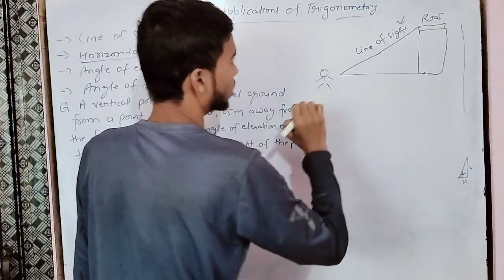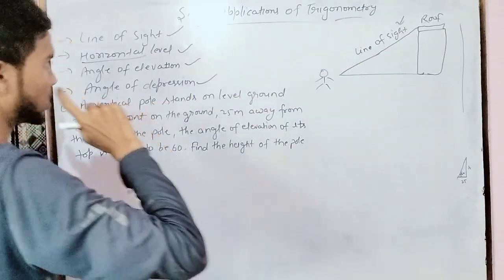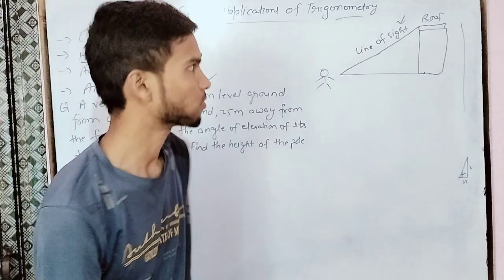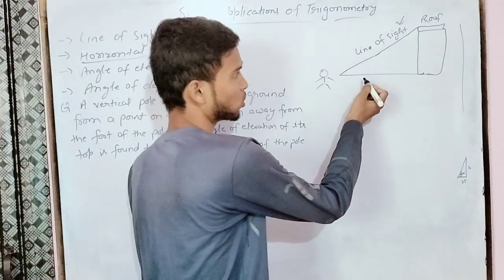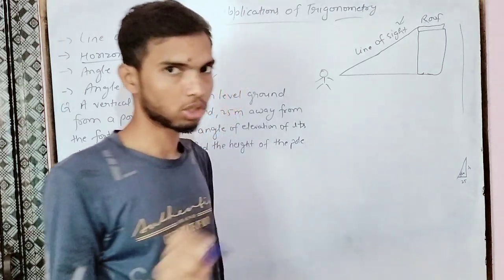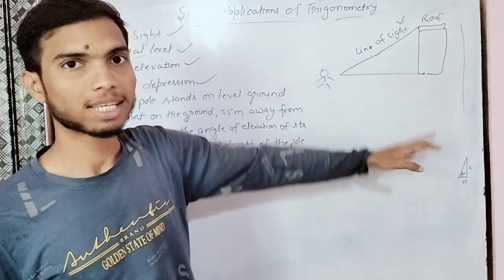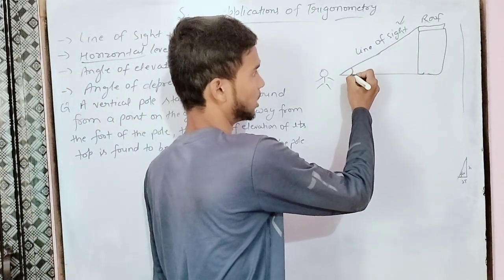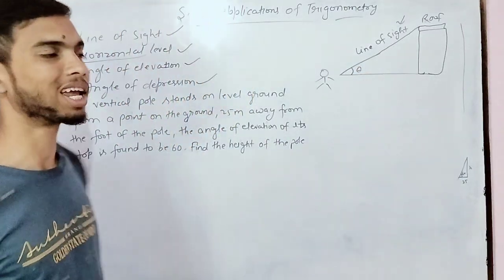Now this is horizontal. This is vertical. Clear? Now, angle of elevation. If the line of sight is above the horizontal, then here will be the angle of elevation.